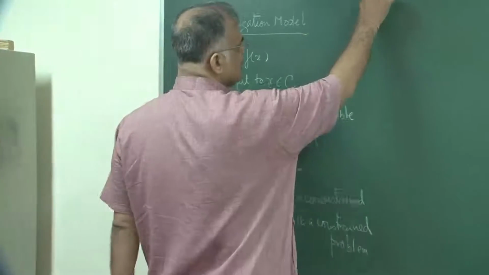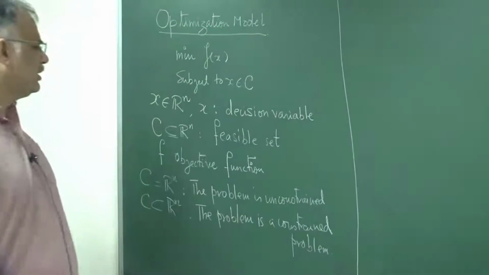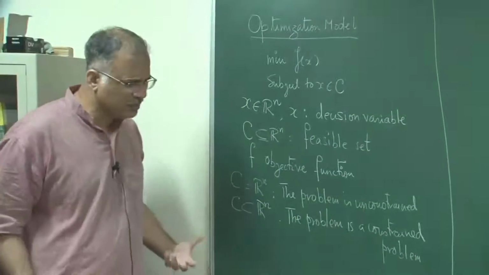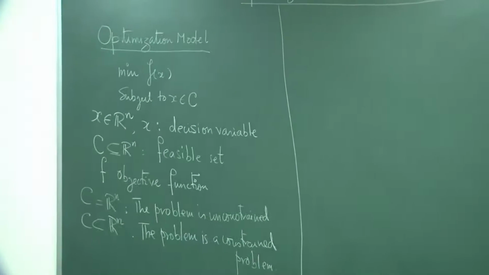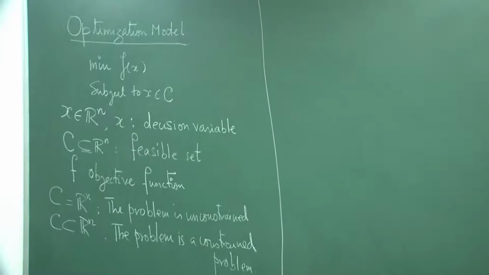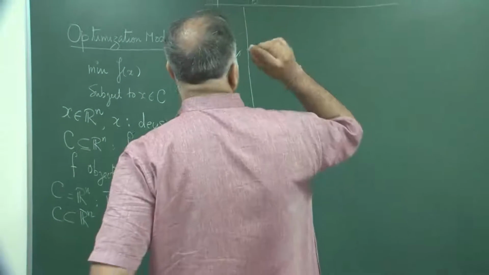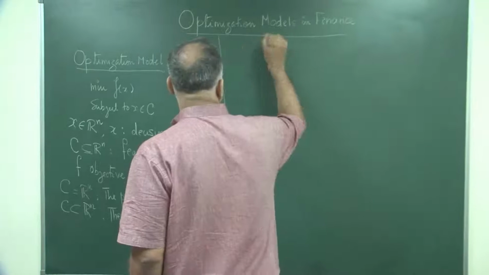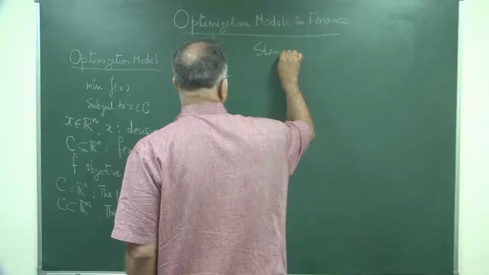Of course, here C is just an abstract set. It does not allow us to do much operations on C. So, in general, C has a more detailed form. That is what provides me with a standard form of an optimization problem.